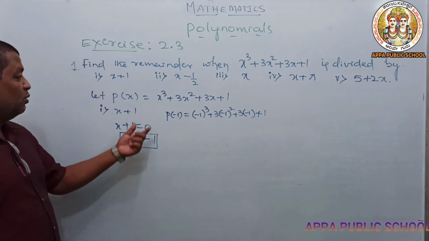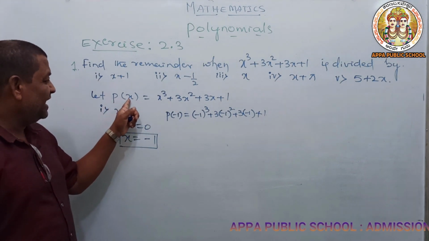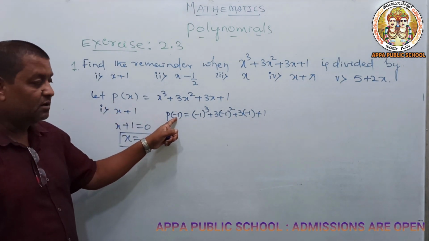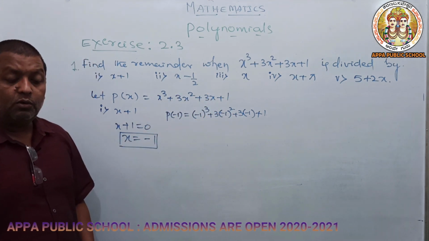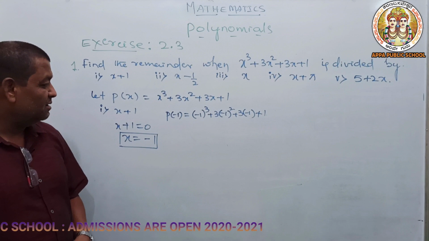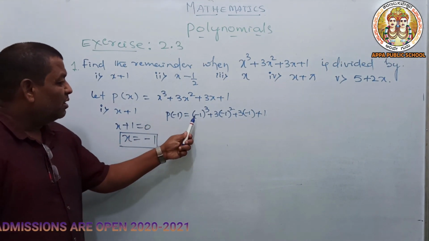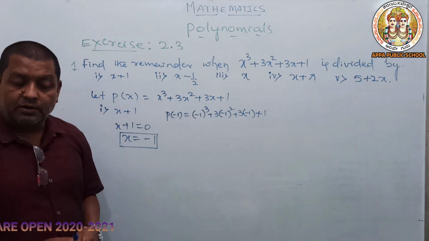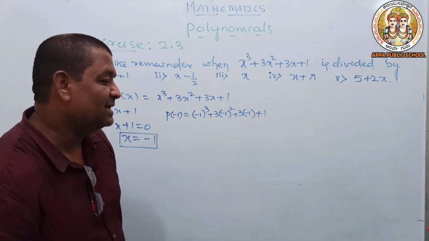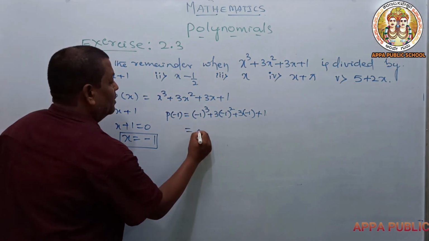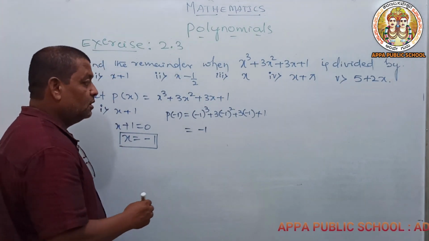Now what I did? I replaced all x by minus 1. Now try to open the brackets. Negative to the power of an odd number is always minus, that is minus 1.